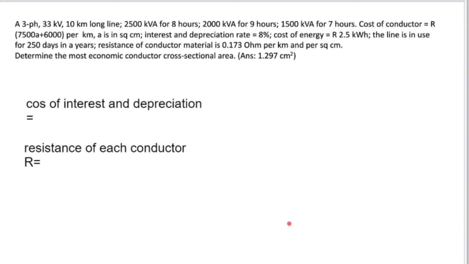You must tell me once you got it. R is equal to rho L over A. Rho is 0.173 and 10 for 10 kilometer, and A is going to stay as A. There is no change for A because that is the one that we are going to find out. Resistance of each conductor. Okay, so the next step is currents.